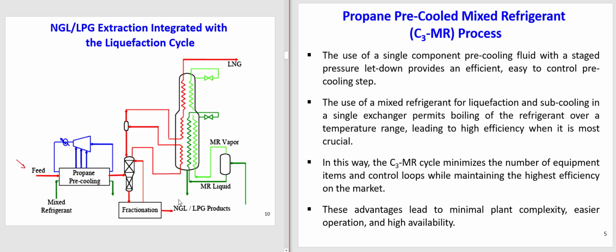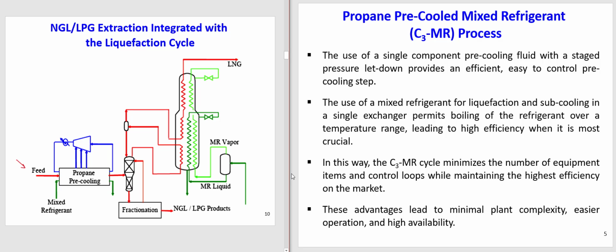The blue one is the propane, it's only propane, and you see it is in contact with mixed refrigeration. So it's a unit where we have a propane refrigeration cycle, a mixed refrigerant with its own refrigeration cycle, and feed gas. They are all in contact with each other in this pre-cooling unit.